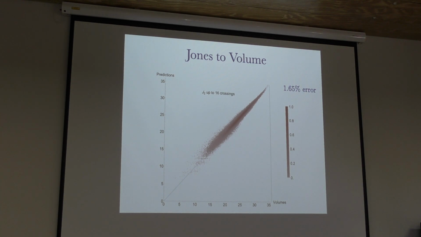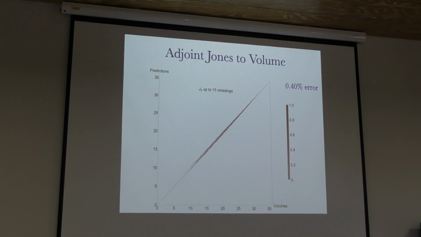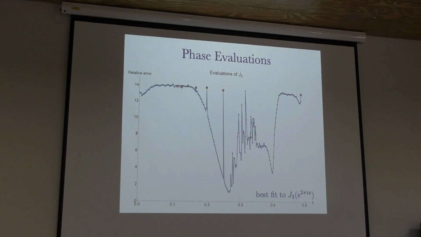So this is 75% of the data used for training, rather than 10%. The error is 1.65% with the ordinary Jones polynomial. If you use the colored Jones polynomial in the adjoint representation, the error becomes much smaller, 0.40%. So adding this extra color means the convergence of the volume conjecture looks much better.